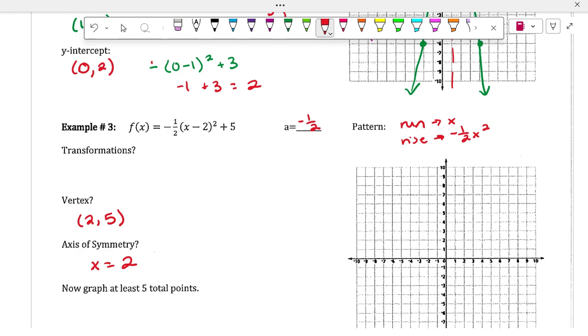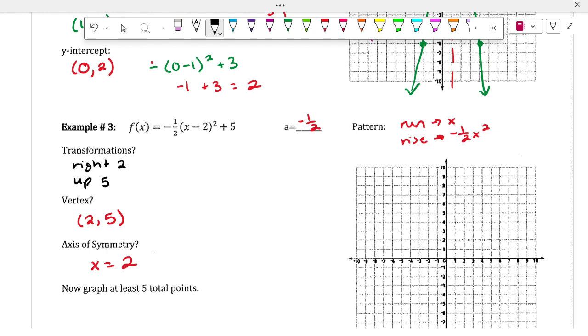What transformations will definitely happen? So think about from the parent function. What's definitely going to happen? Not rotation. Translation. What's the translation, do you think? Right 2, up 5. And again, the way you can think about that is if you look at the new vertex, compare it to (0, 0), think about what you have to add or subtract to 0 to get to that new vertex.